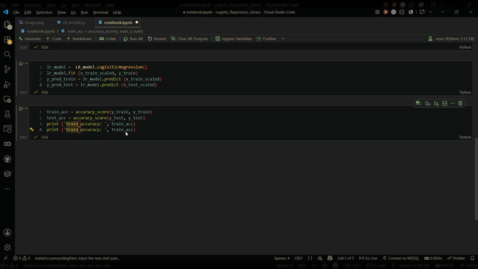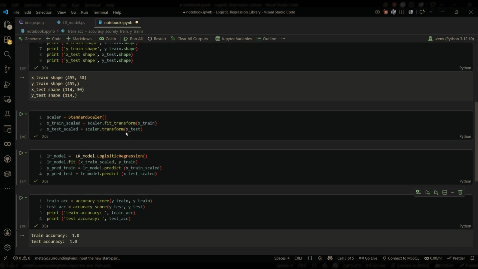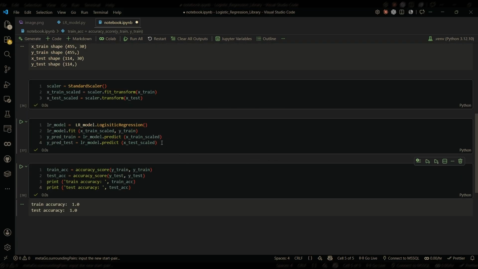This should be, I know, 100%? For real? It's overfit. It's overfit for sure, but why? I don't think it's that good.